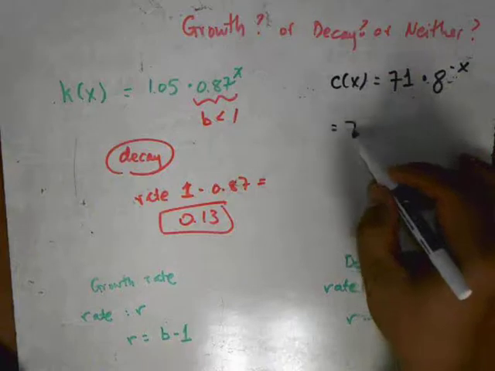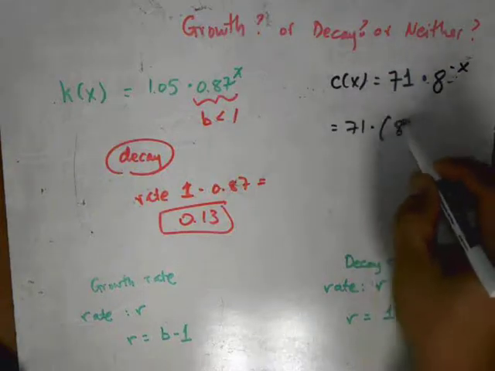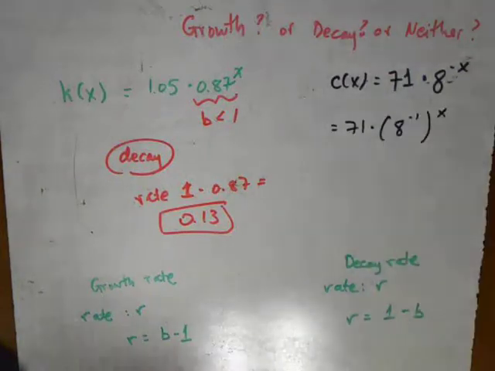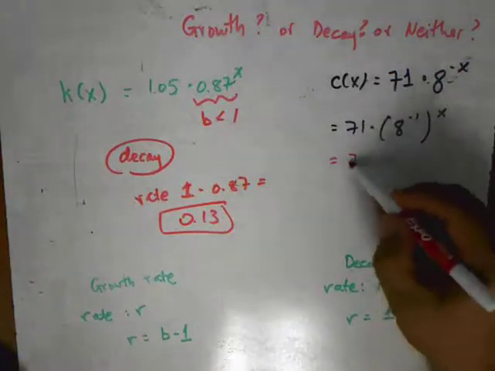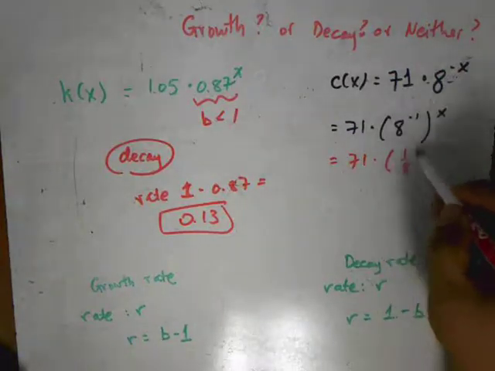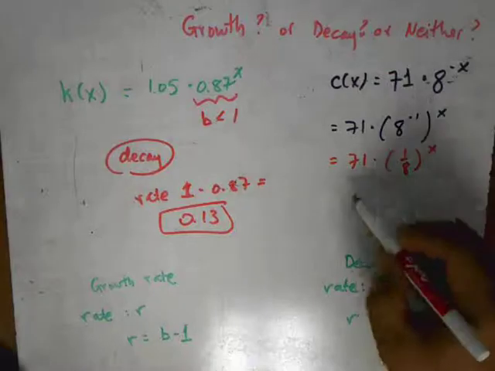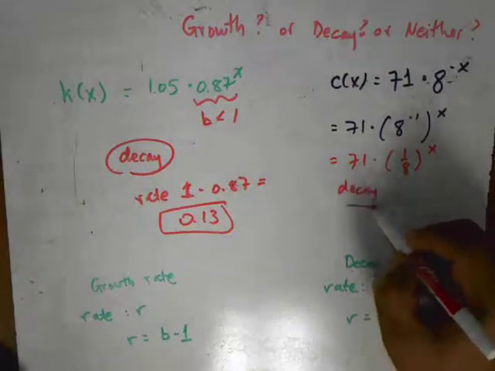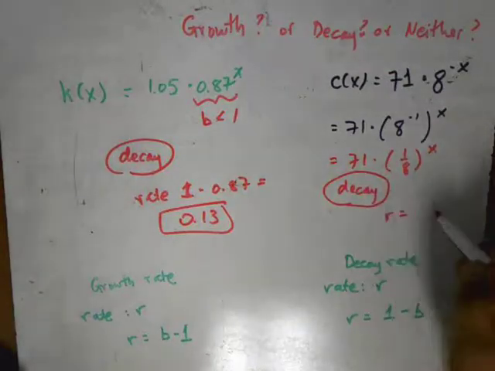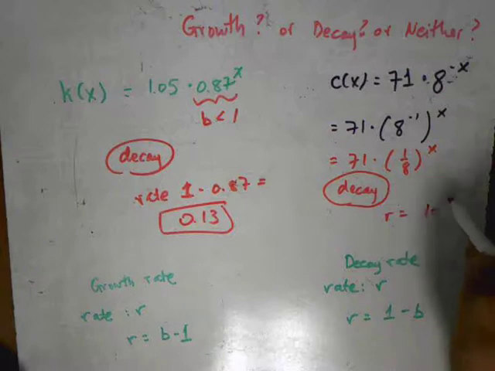The truth is that this is really equal to 71 times 8 to the negative 1 to the x. And remember, 8 to the negative 1 is really 1/8 to the x. So this is the decay function. And the rate is 1 minus the base. So it's 7/8.